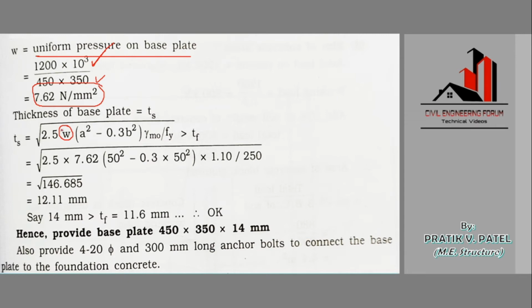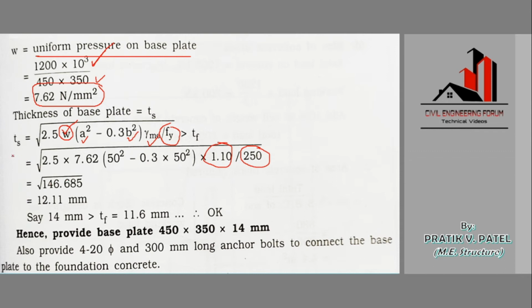We have A and B as 50, and gamma m0 we have as 1.10 according to table number 5 in IS 800 2007. Because it is a plate, we are taking 1.10 here. And regarding Fy, we already discussed earlier that for Fe 410 grade steel, the yield strength is 250.